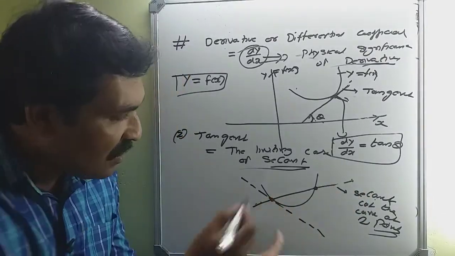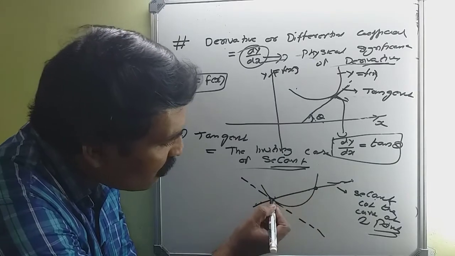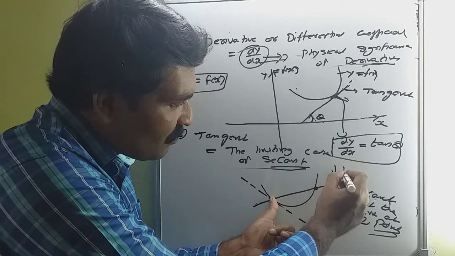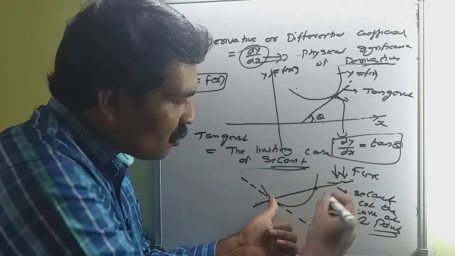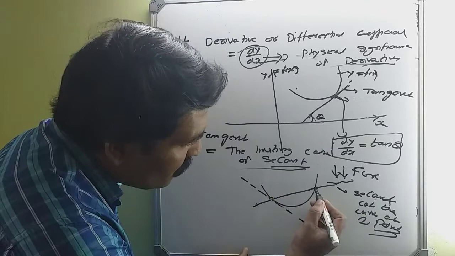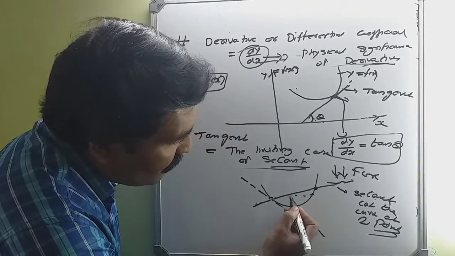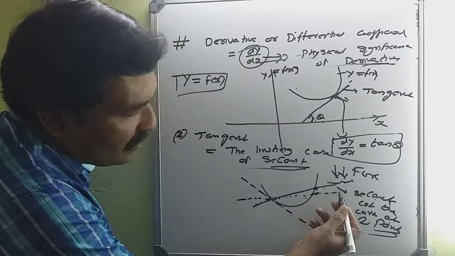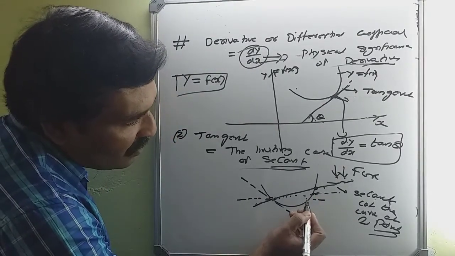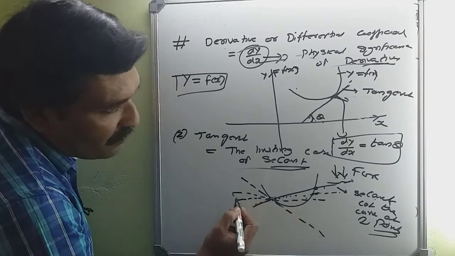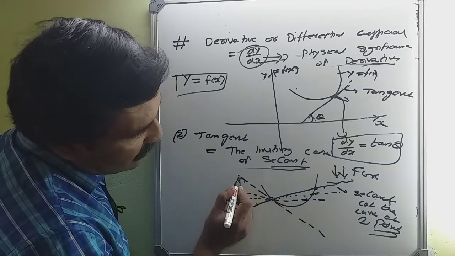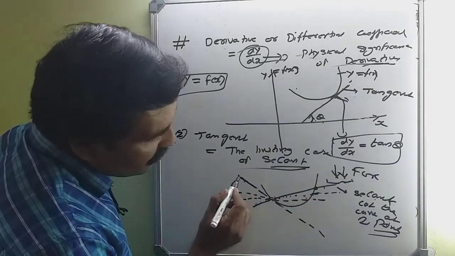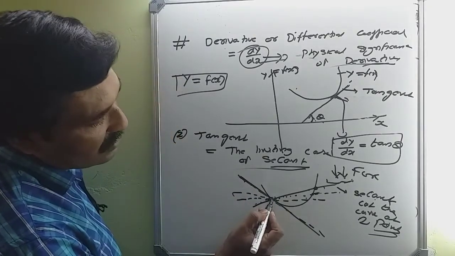So this point will move down, and this line will go like this. Apply again, and this line will go like this. And finally, this line will go like this and touch only at this single point.